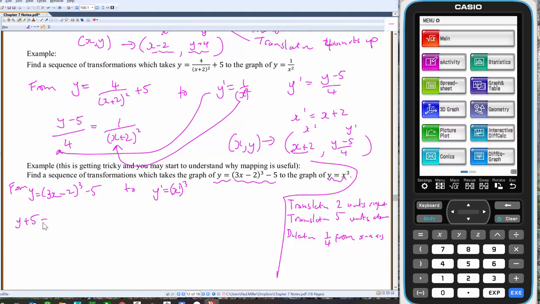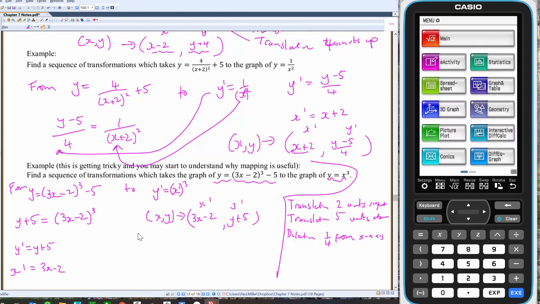So I've got y plus 5 equals 3x take 2 cubed, to this function here. So now we're ready to pair them off. I've got y dash equals y plus 5 and x dash equals 3x take 2. Let's write up the mapping. So y dash is y plus 5, x dash equals 3x take 2.